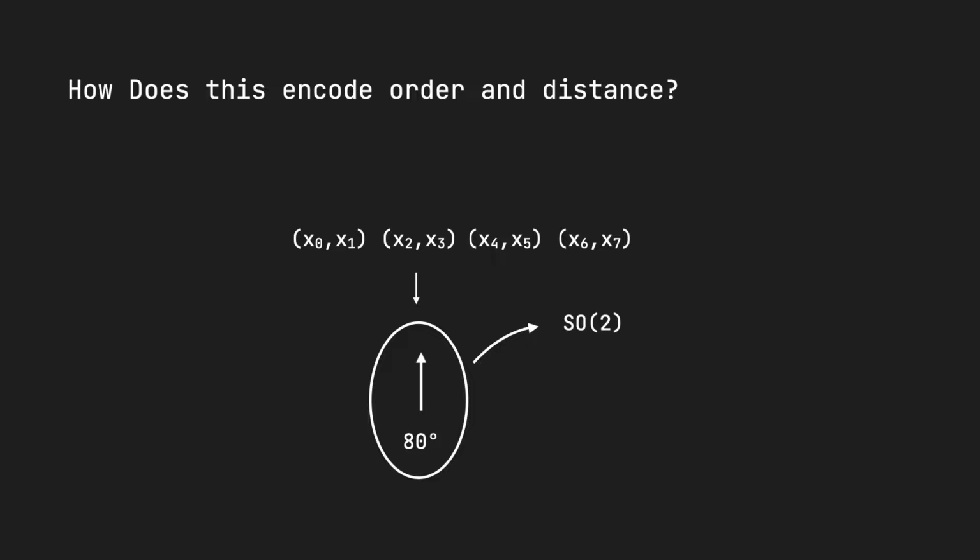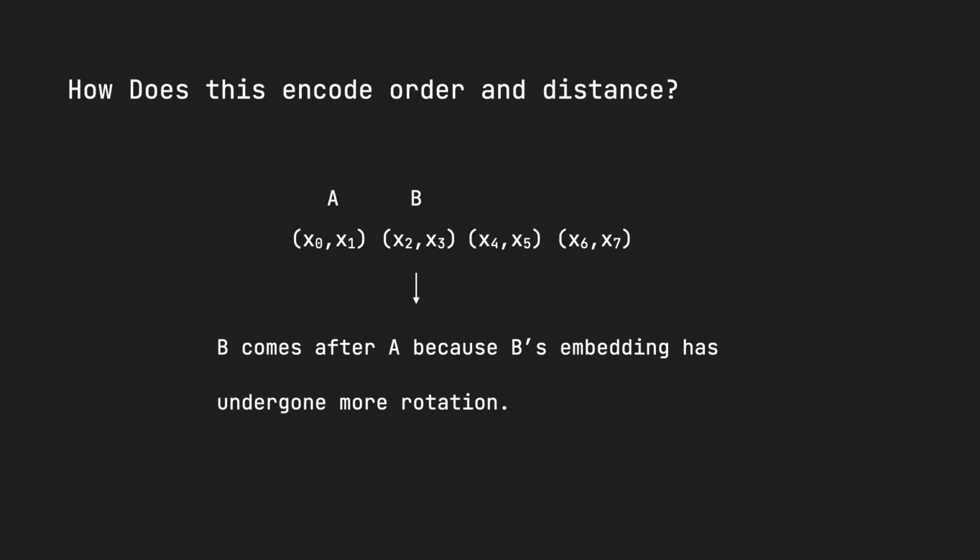And it's interesting because the geometry is allowing us to encode information. Imagine you have a vector A and a vector B, and it allows us to answer that B comes after A because B's embedding has undergone more rotation. So one was rotated 80 degrees, the other 20 degrees.